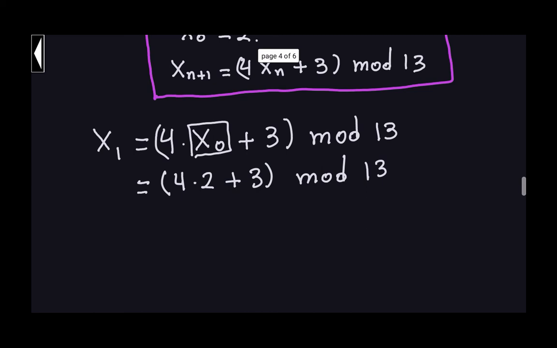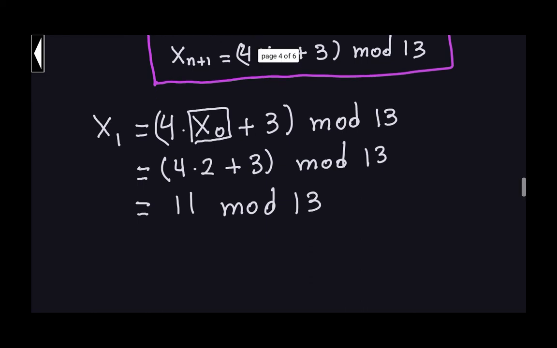If you simplify the number inside the parentheses, you get 11, because 4 times 2 is 8, and 8 plus 3 is 11. So you get 11 modulo 13. And remember one of the properties I mentioned a little bit ago: if this number is positive and less than the modulus, then you get back this number.